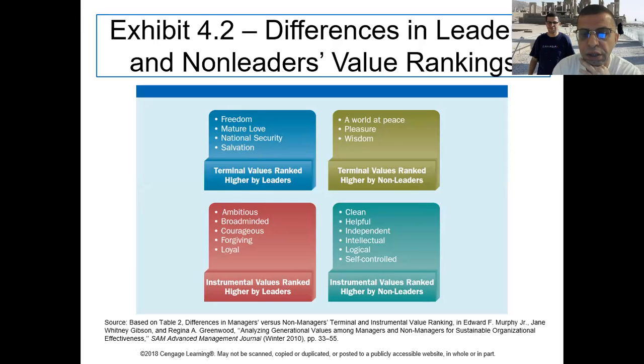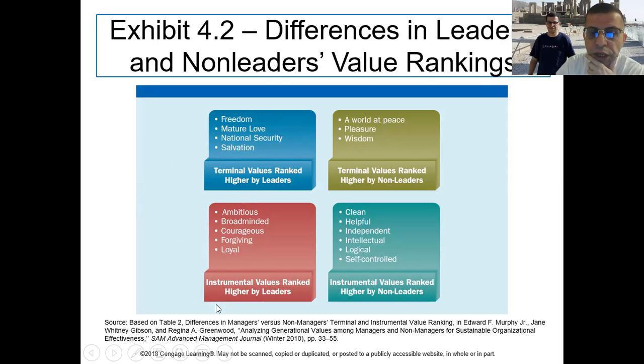On the other hand, terminal values that rank higher for non-leaders are a world at peace, pleasure, and wisdom. Values can change between the manager and the employee. They can rank things differently. For example, if you say salary, the manager thinks that salary is the highest value. Employees think that self-fulfillment is the highest, and recognition.